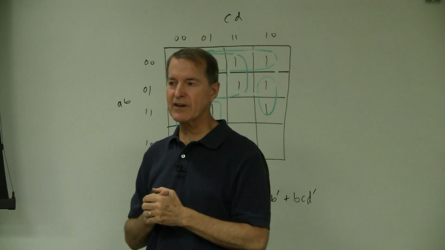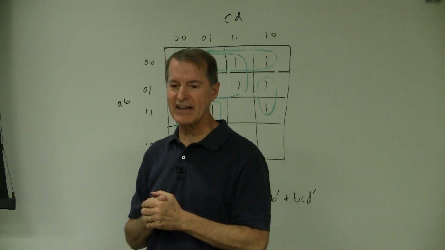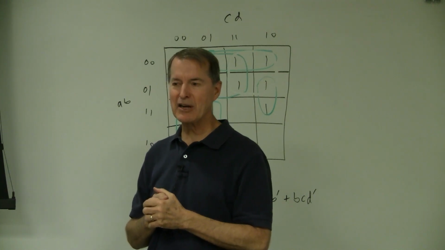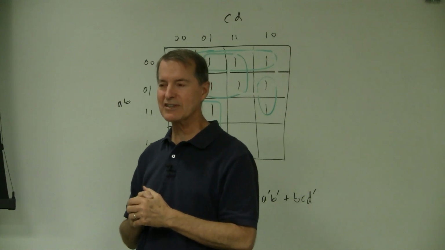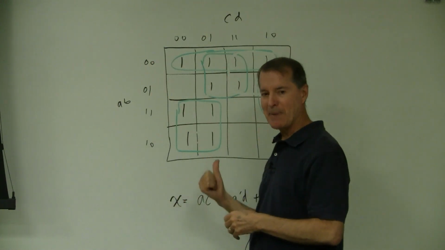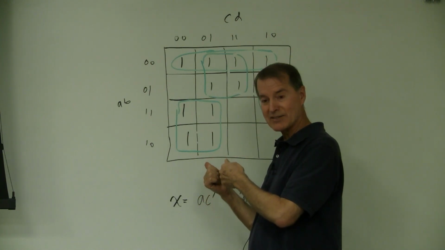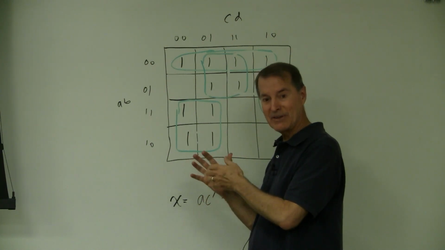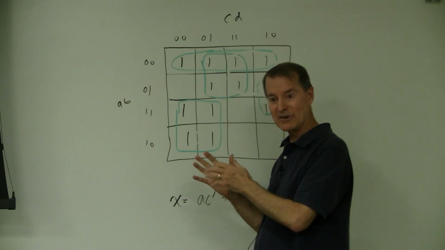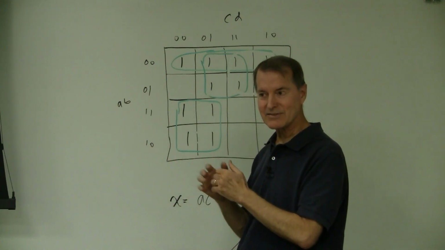What is the fundamental question of computer science? It's what can be automated. So what did Quine and McCluskey do? They automated this. But think of how tricky this one was. It would have to work for all those cases.